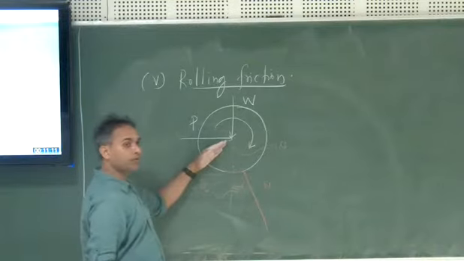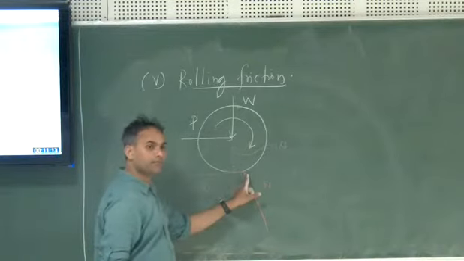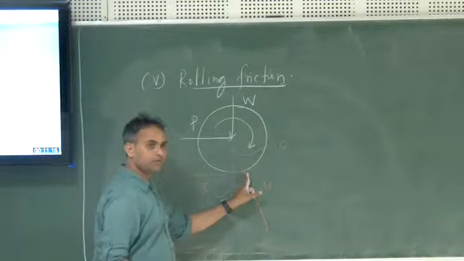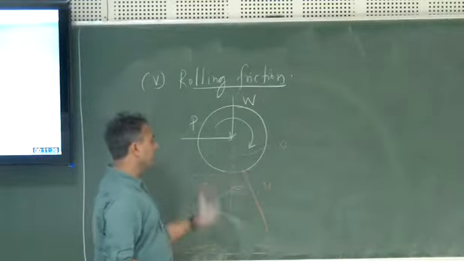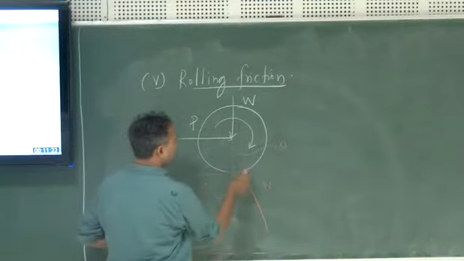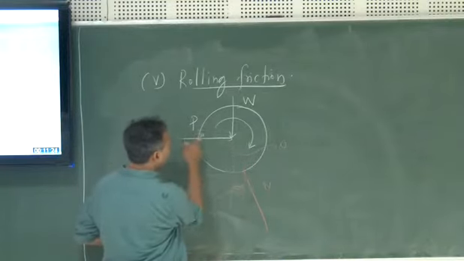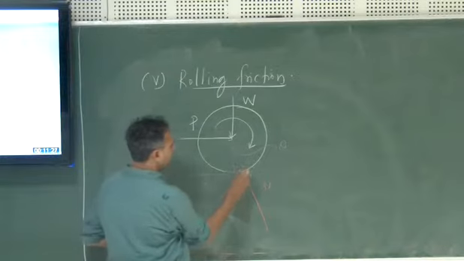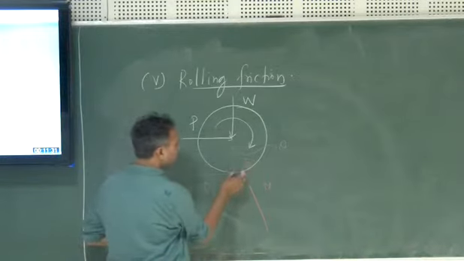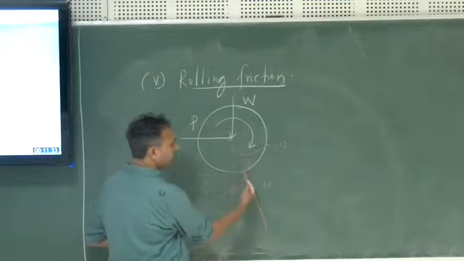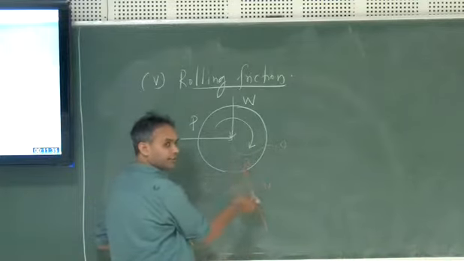So it means that you will have to apply more load to overcome this particular load, because this reaction is coming from the surface. Let us say this is your B point. This is what is called the resultant of your rolling resistance.